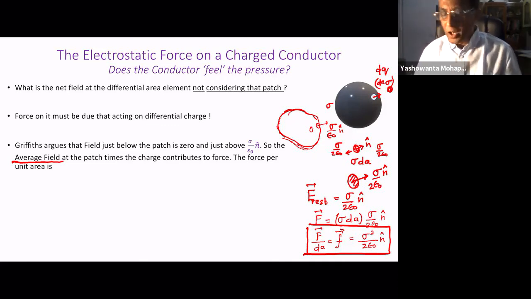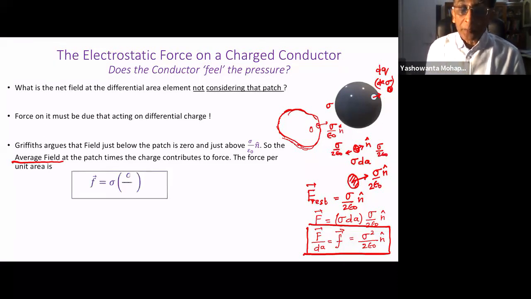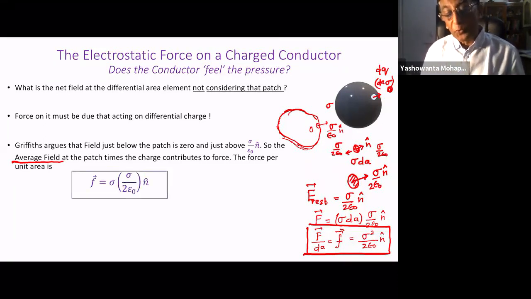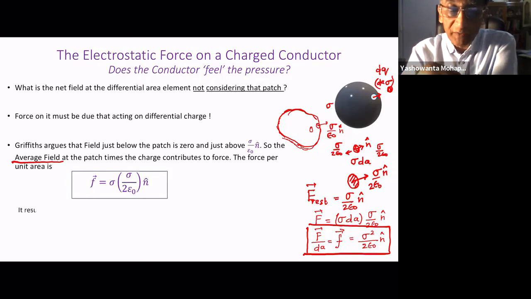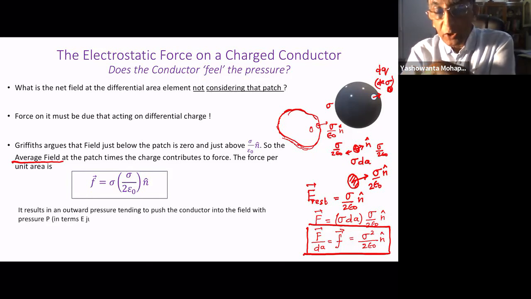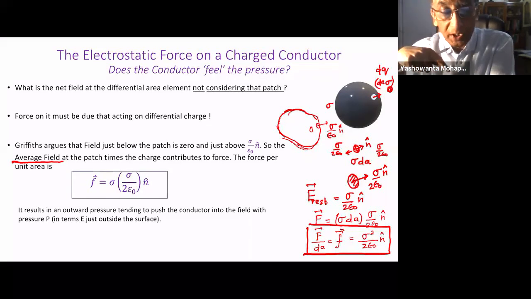It's an argument which he makes, but I think it's easy to understand even otherwise. So the force per unit area, that is small f, is sigma by 2 epsilon naught in the normal direction everywhere.